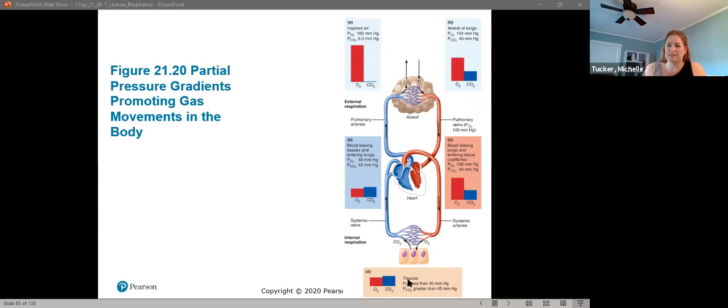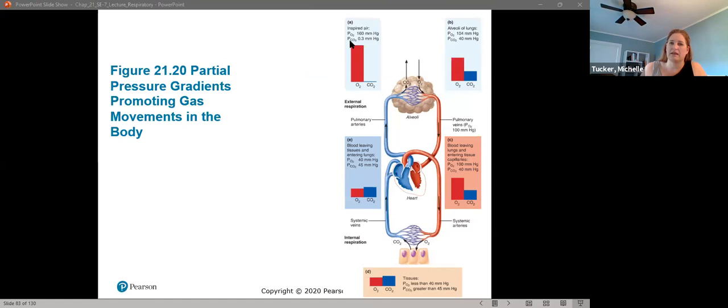And here it just gives you generalities because each tissue is going to vary depending on its metabolic needs and its location. Once it starts to hit those larger systemic veins, so your inferior vena cava, superior vena cava, the level of oxygen will be down to 40 millimeters and CO2 is up to 45.